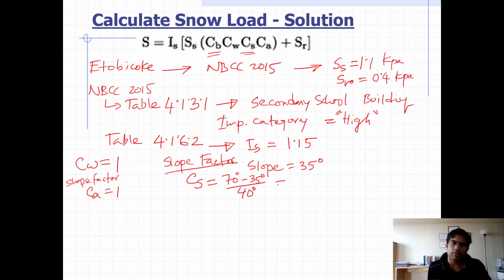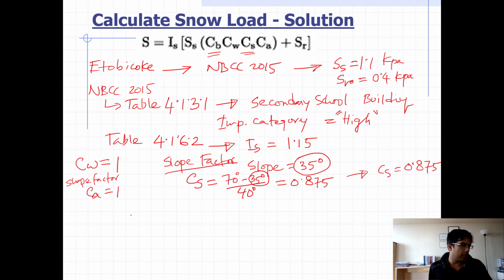So the value is 0.875 for a slope of 35 degrees. This 35 is the slope, and 70 and 40 are part of the equation. So CS equals 0.875.